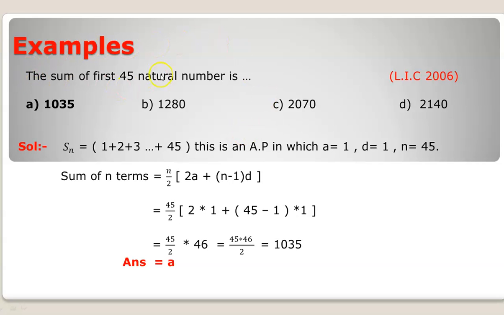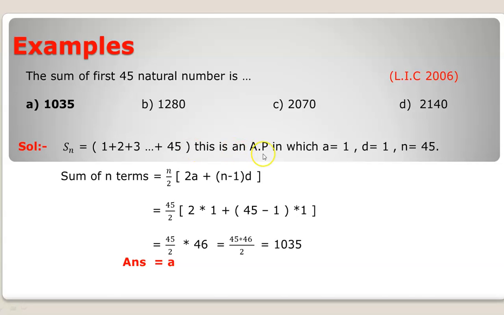This type of example can be solved by using a simple mathematical trick. Sn is the sum of n terms, n is 45. Sum of n terms is equal to 1 plus 2 plus 3 and so on up to 45.